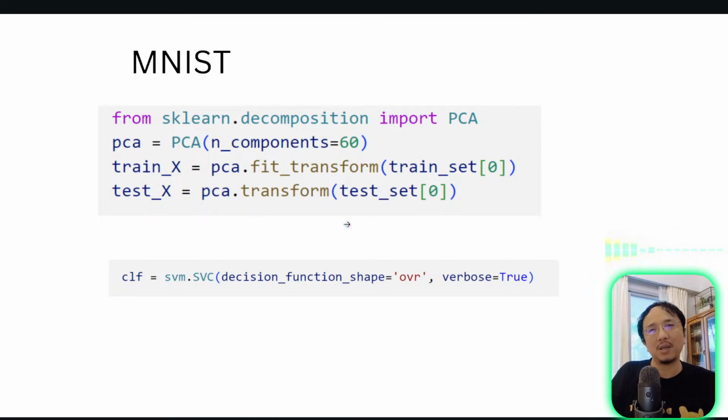It can still work. Sometimes PCA will actually help reduce the noise so that the performance gets better also. But the primary reason we are using PCA is that if we use the original 784 features, it will take too much time.